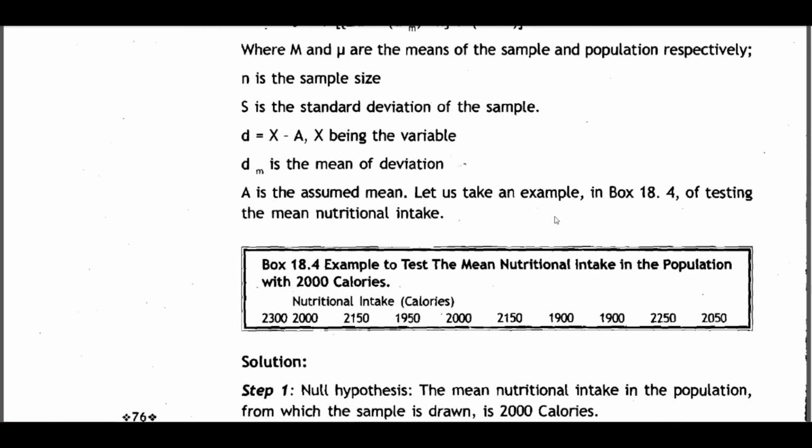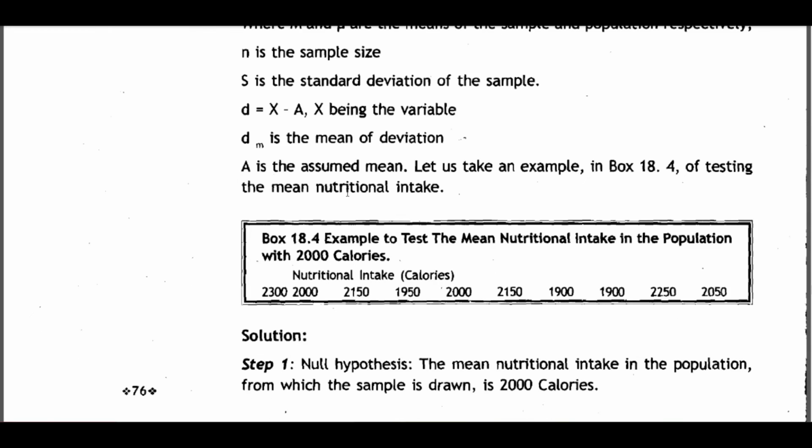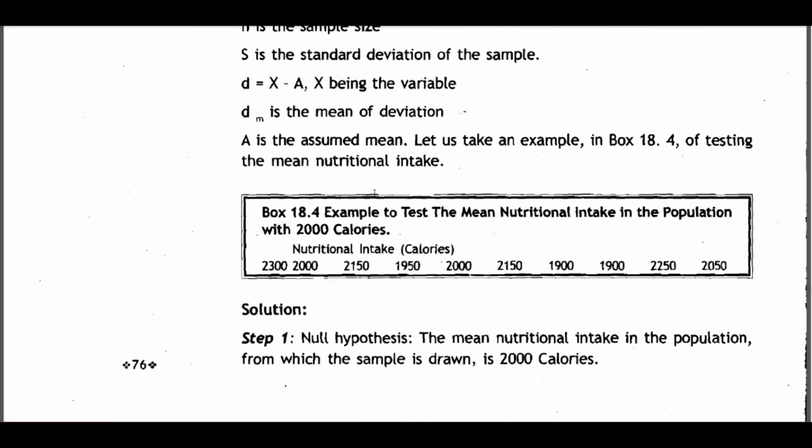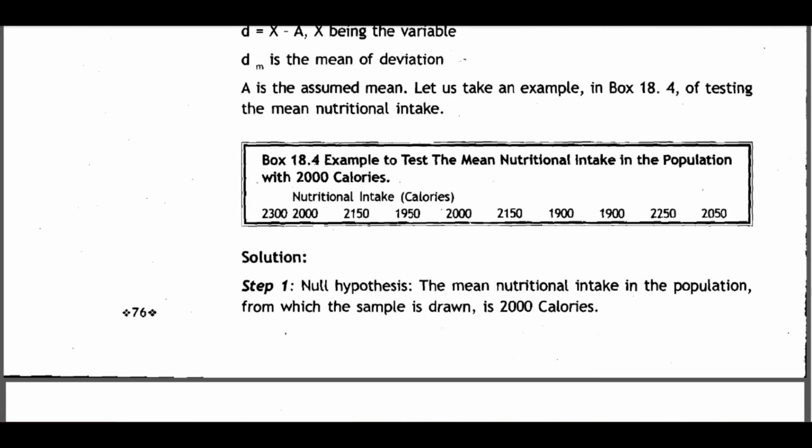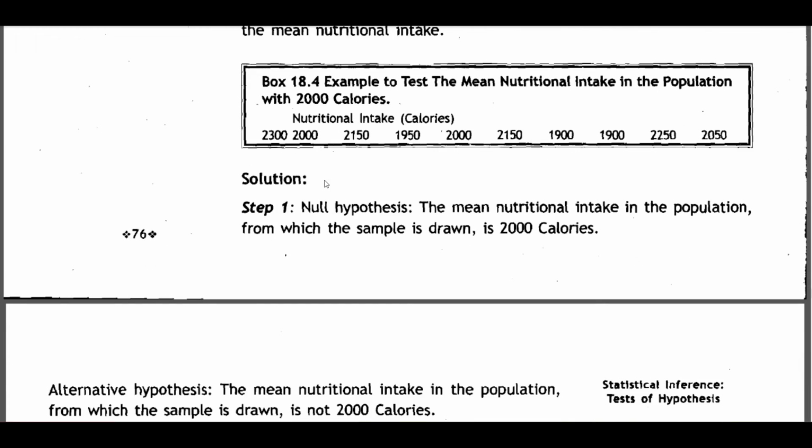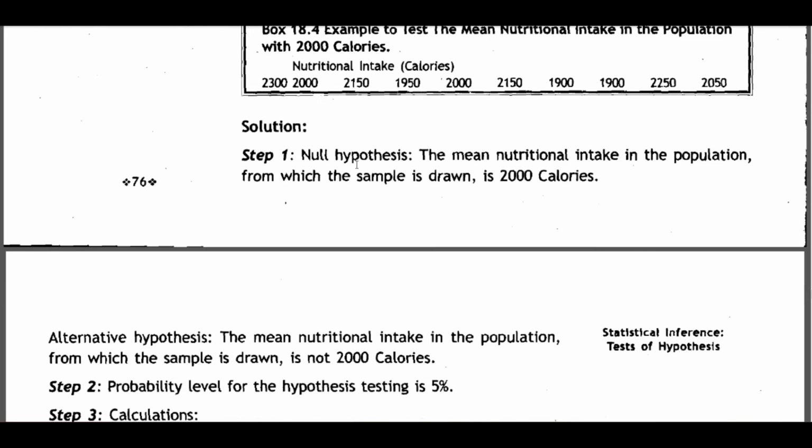Let us take an example in Box 18.4 of testing the mean nutritional intake. The example is to test the mean nutritional intake in the population, with 2000 calories. The solution: the null hypothesis is that the mean nutritional intake in the population from which the sample is drawn is 2000 calories.